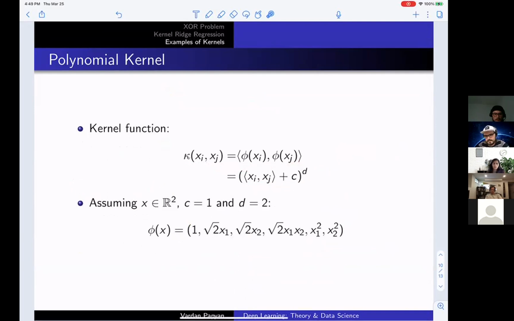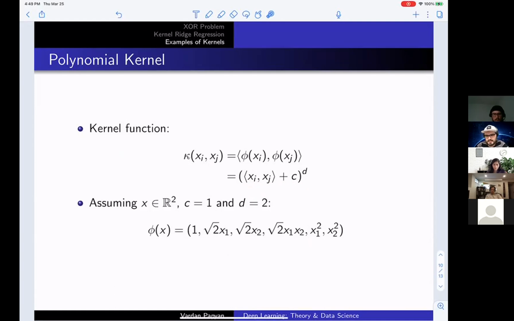Very simple, right? Can we calculate this efficiently? Yes. Why? Because you take two vectors, you calculate the dot product, that gives you a scalar, add a scalar, compute the power, done, right? Very simple.